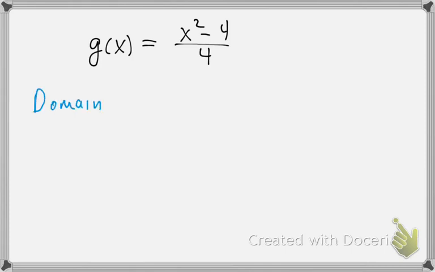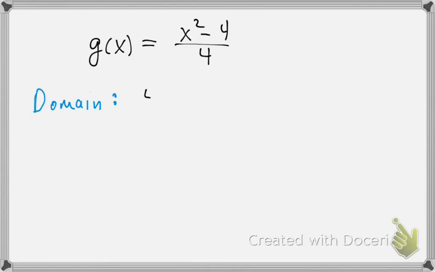Well, thank you. So g of x equals x squared minus 4 over 4. Domain. Well, the only problem with domain we've had so far is denominator cannot be 0.